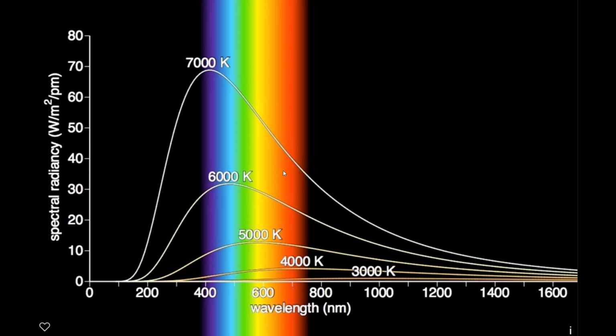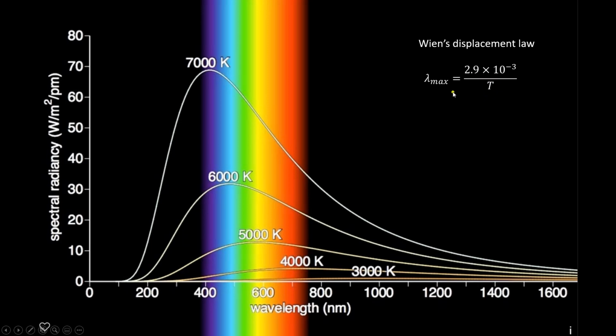So now let's apply that to the work of Wien. Wien characterized the relationship between the place where the peak occurs and the temperature. So here it is. We have Wien's displacement law, a constant 2.9 times 10 to the power of minus 3, divided by the temperature in Kelvin. It's really important that you remember that's in Kelvin, not Celsius or degrees centigrade.